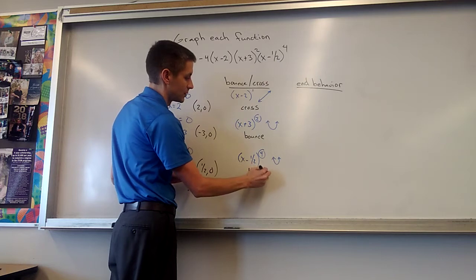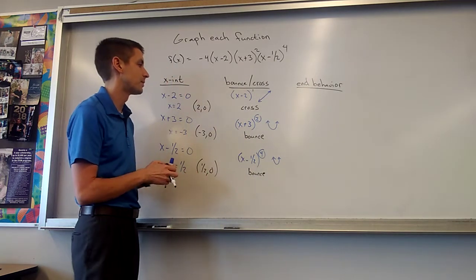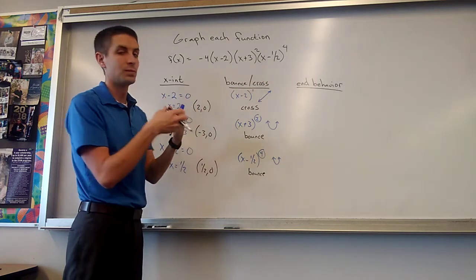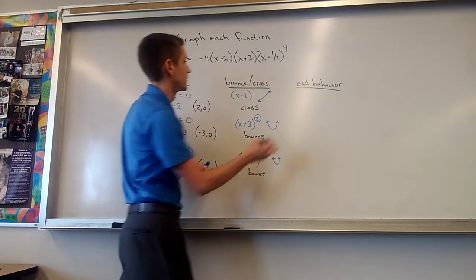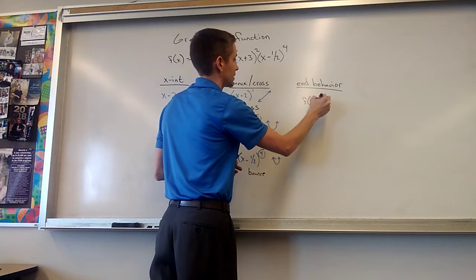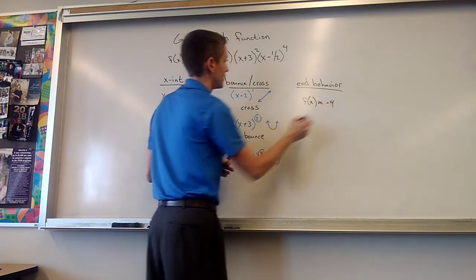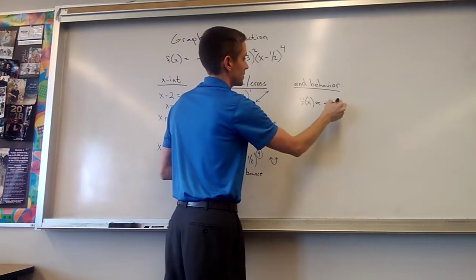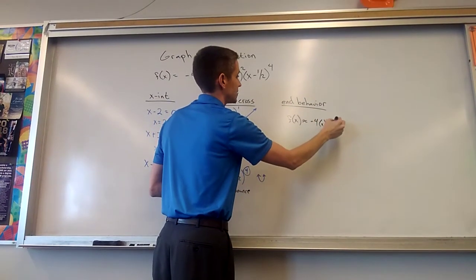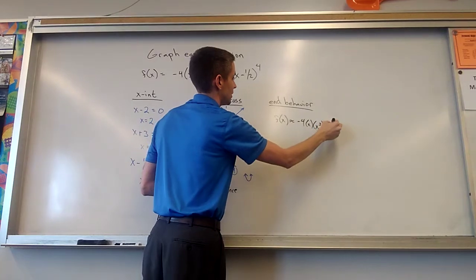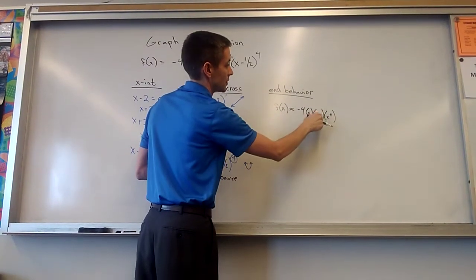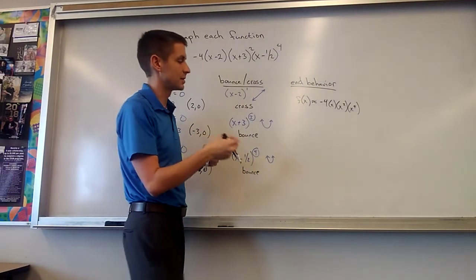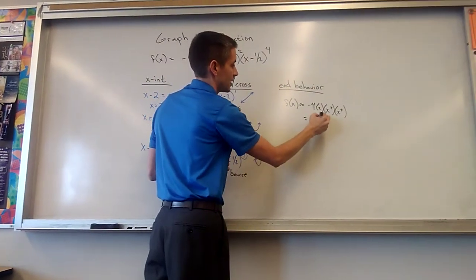Now, if I look back at our entire function and try to bring that into an end behavior, I'm going to say my function f of x is approximated by the coefficient of -4, but then I'm going to combine each of my terms here. So I've got an x, I have an x squared, and I have an x to the 4th. If I were to simplify each of those into a single term, that's going to give me a -4 x to the 7th power, combining those exponents, because I have a total of 7 x's.